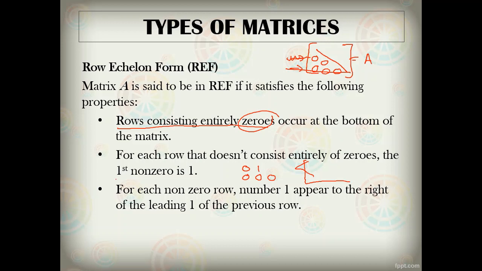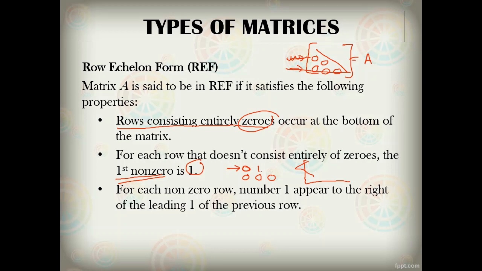The first non-zero is 1. This row is not entirely 0, so the first non-zero must be 1. This is what the second property means.